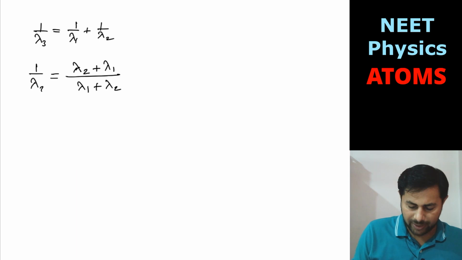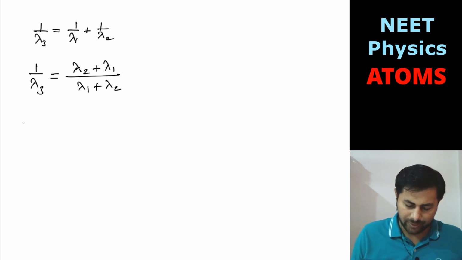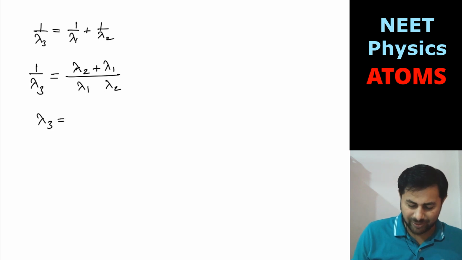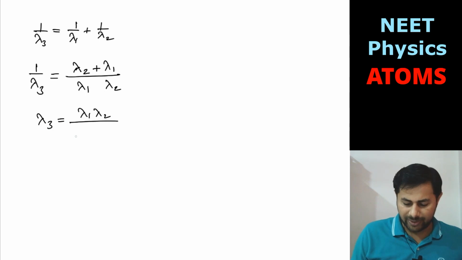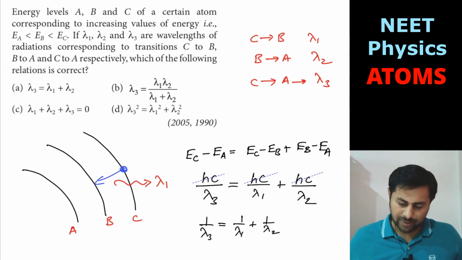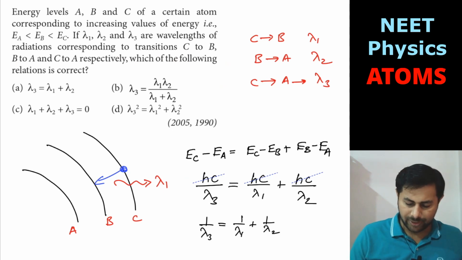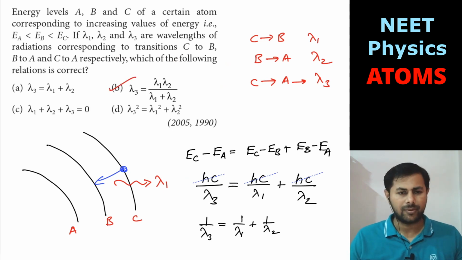This is 1 by lambda 3, and therefore, oh, I wrote plus in the wrong place. Therefore lambda 3 would be equal to, taking the reciprocal, lambda 1 lambda 2 divided by lambda 1 plus lambda 2. So it's option B. This one is clear.